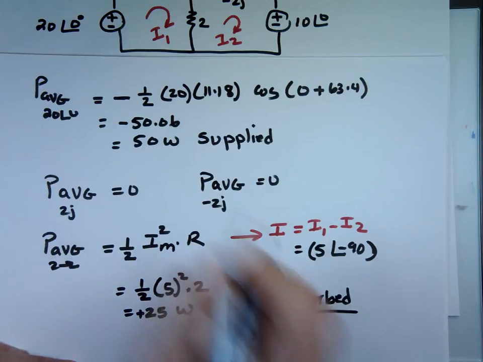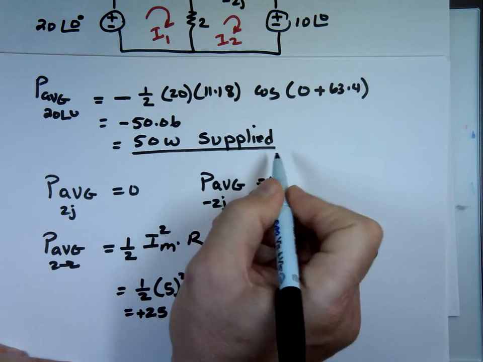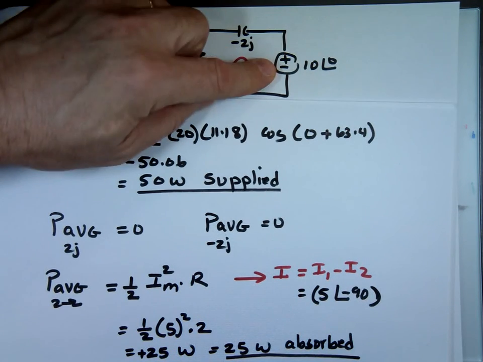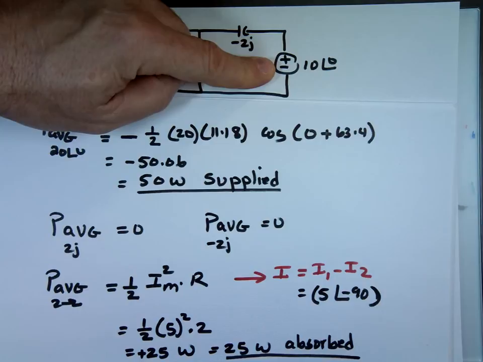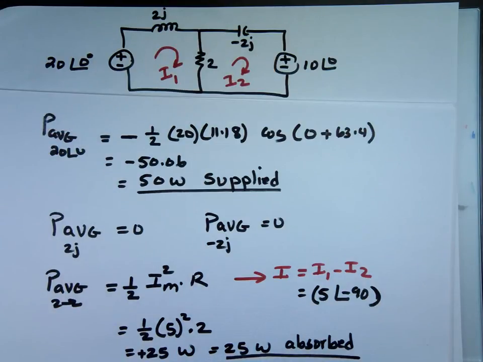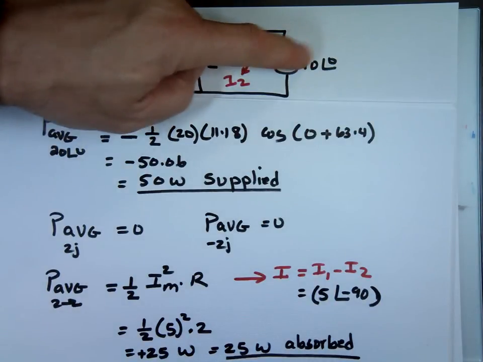Let's see if this other one actually absorbs 25 watts. If it does, we're in good shape, because the power supplied has to equal the power absorbed. We know the voltage, that's 10 Vmax. We know the current I sub 2, we'll get to it.